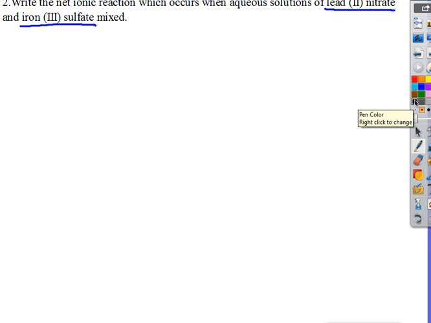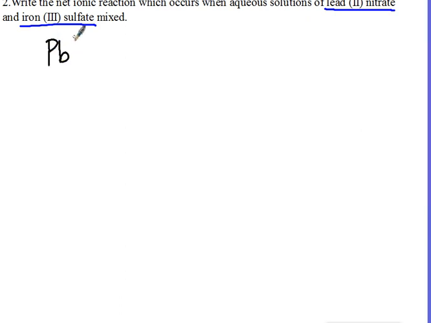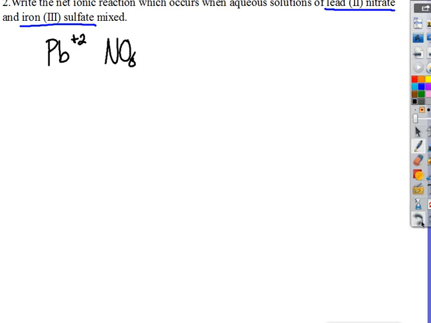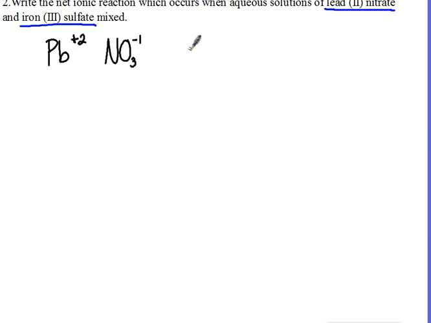So the first thing I want to do is I have lead with a +2 charge, nitrate with a -1 charge, and then iron with a +3 charge, and sulfate, SO4, with a -2 charge.